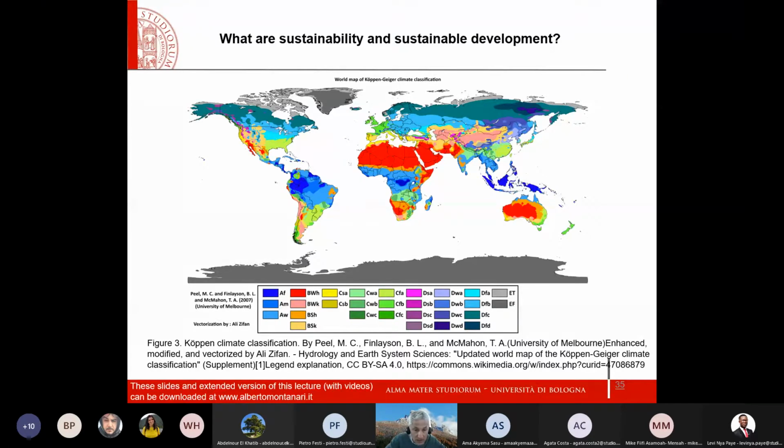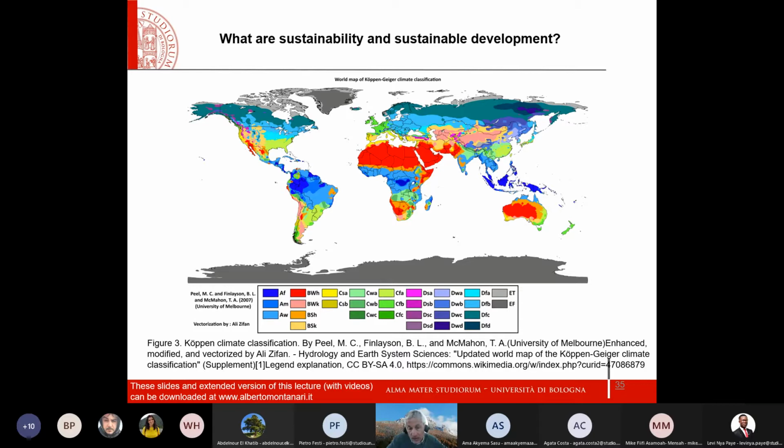Now, the second class is B, dry climate. Dry climate is depicted in the colors you see on the map, from red to orange, yellow, pink. And it's a dry climate, as the term suggests. Less rainfall and very reduced water resources availability.